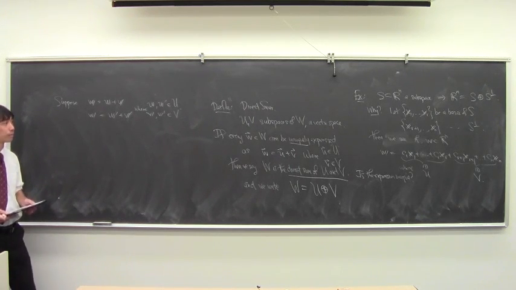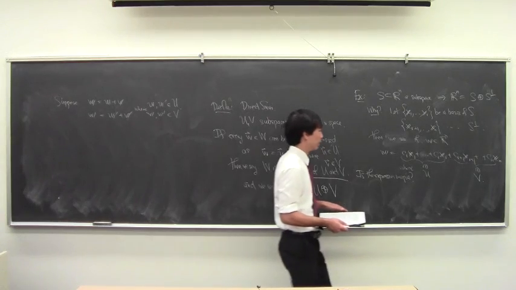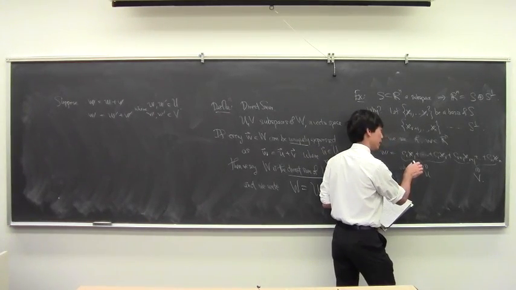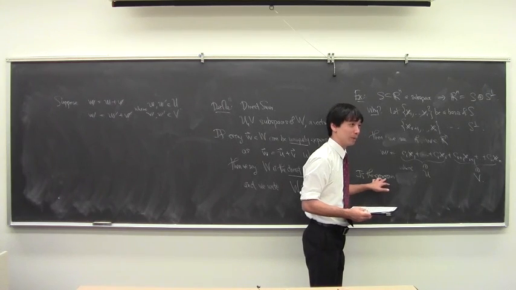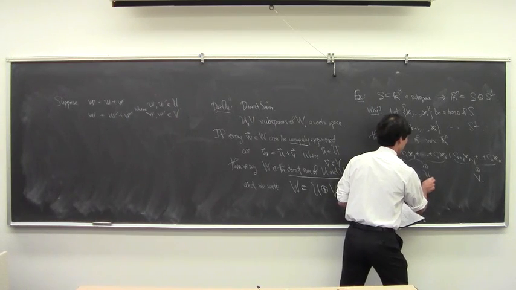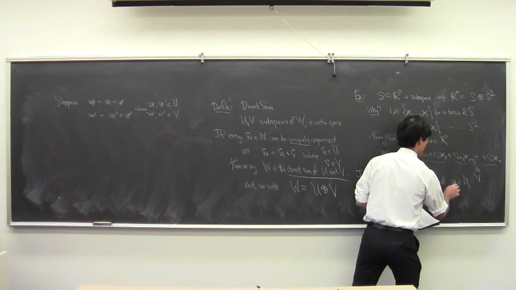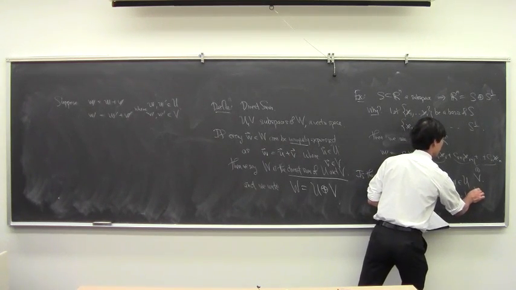Can't we just say that because x1 to xr and x(r+1) to xn is a basis for R^n, therefore it's linearly independent from the previous theorem? That's true, but that doesn't tell you that the expression is unique. I think the trouble is some imprecision in the statement here. Is the expression of w as a sum of something in U plus something in V unique?